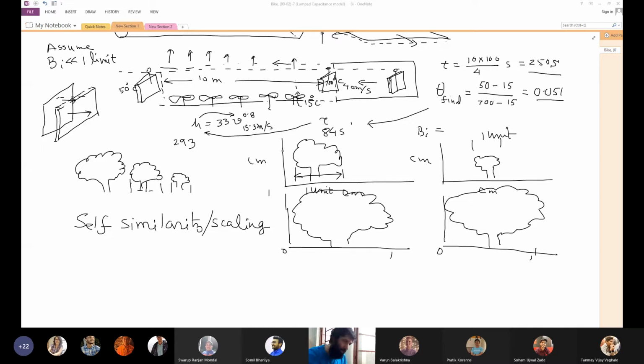Since a part of gobi looks like gobi, but a part of a papaya, if you cut it, doesn't look like the entire papaya. So not all objects show this feature. Many objects in nature, and many mathematical functions, show this scaling feature. If you scale it appropriately, different functions merge together. So that is the whole idea.